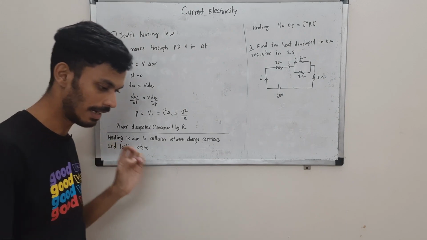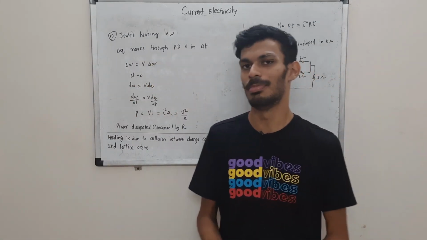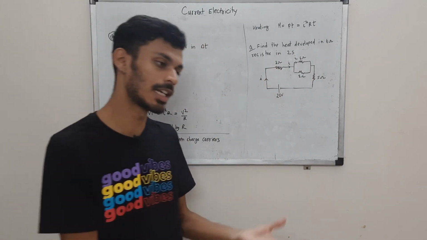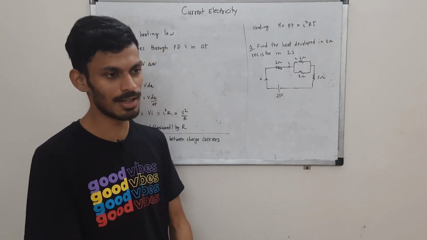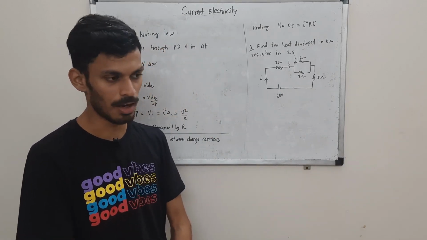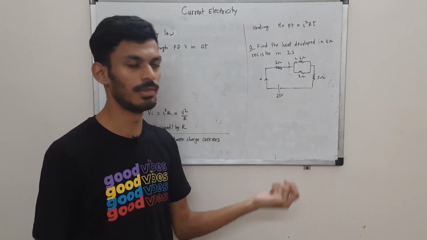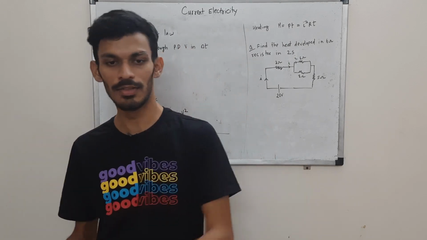Now Joule's heating, why is this heating caused? First of all, heating is caused majorly because of collisions. Since the charge carriers are moving through the battery, through the entire circuit, through the resistor, there are n number of collisions between the charge carriers and your lattice atoms, atoms which are present in the resistor and even in the battery.